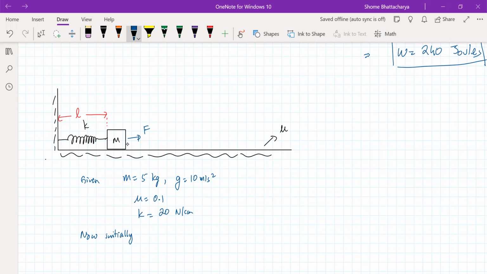Sir, 20 Newton per centimeter? That's what you've written. Yes, N per cm. Okay.